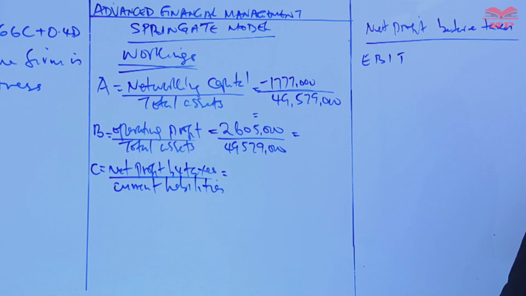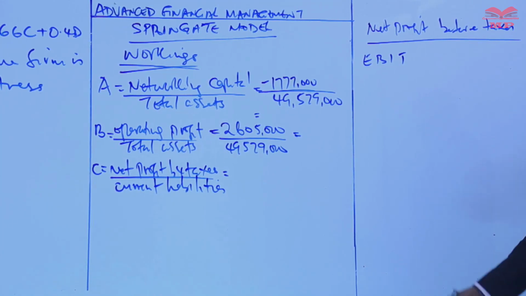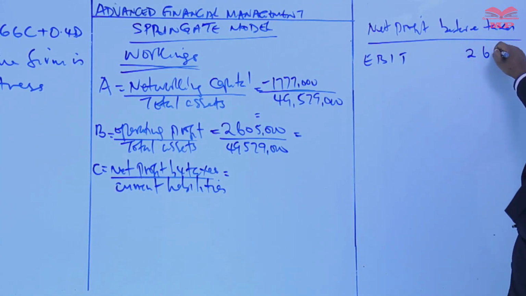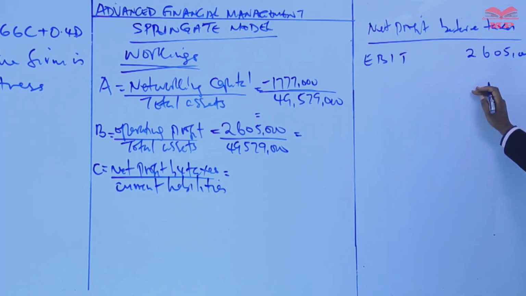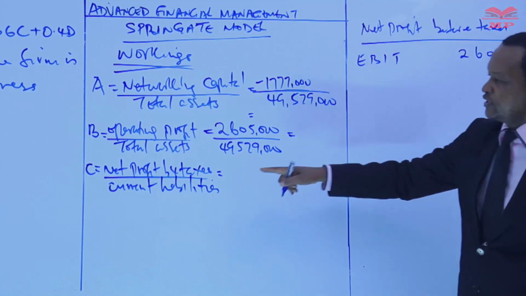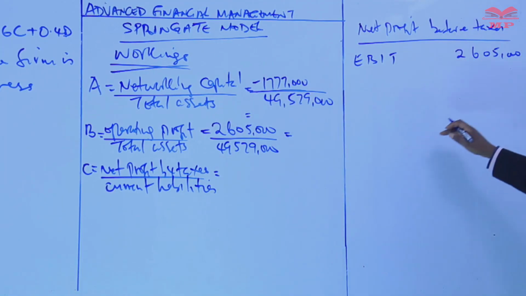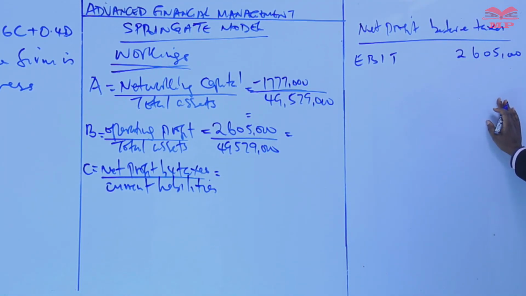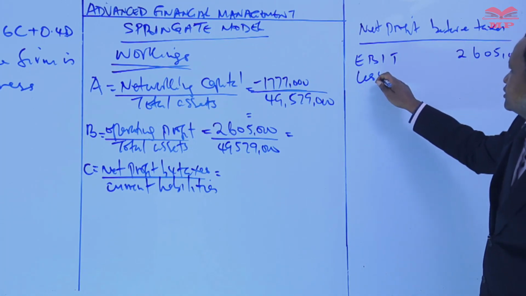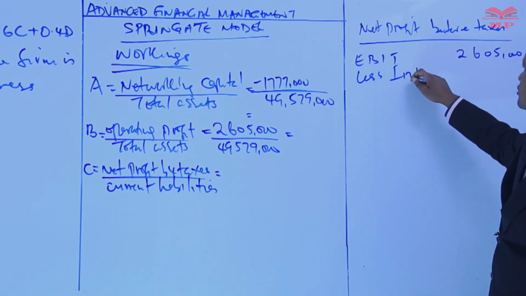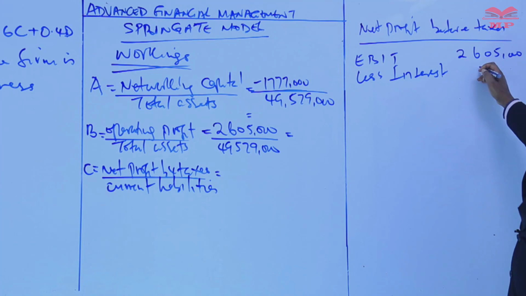The EBIT is the 2605, earnings before interest and tax. But we need net profit before taxes only, not before interest and tax. So we are going to deduct the interest, less interest of 905.